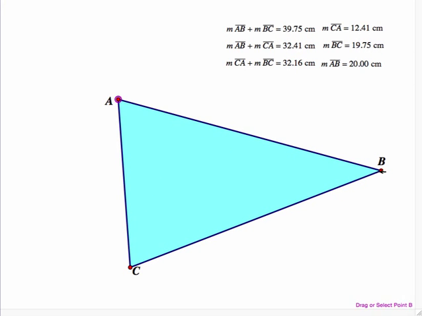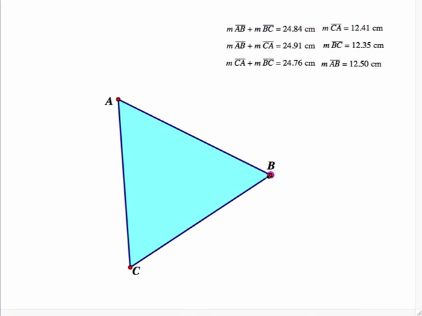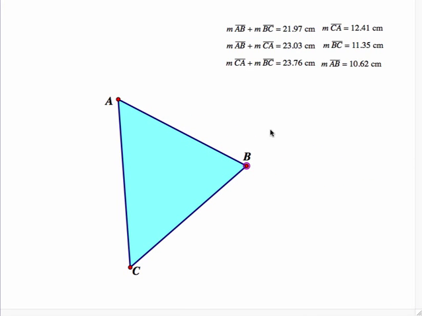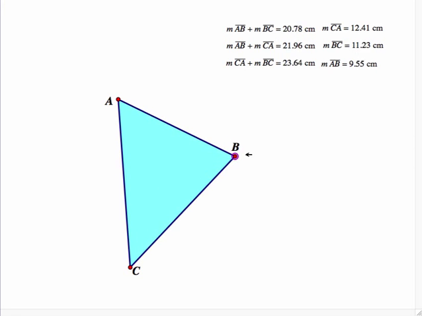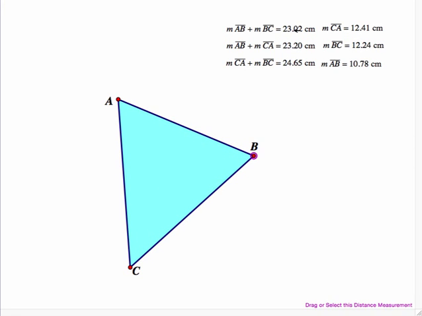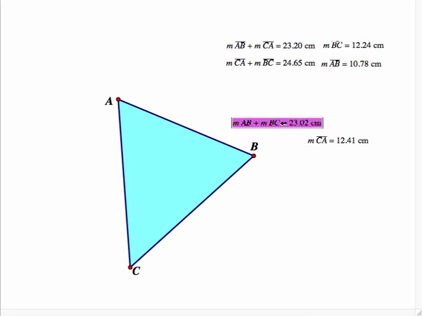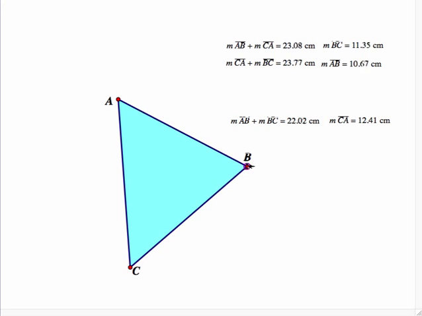Now, interestingly, let's see what happens if I try to make the sum of the two sides equal. I'm moving point B around, so side AC is not changing. Let's focus on these two things. I'm going to try and make the sum of AB and BC equal CA.